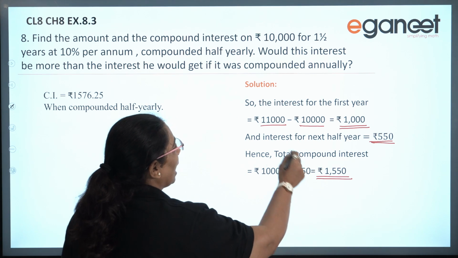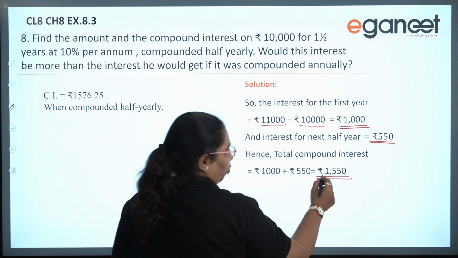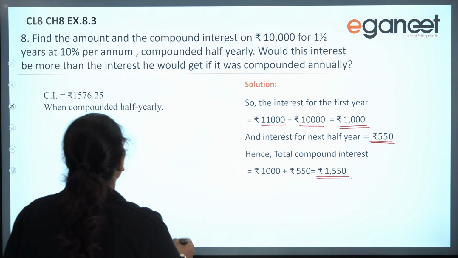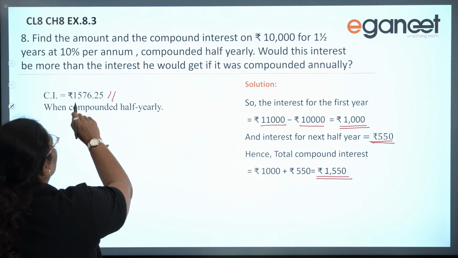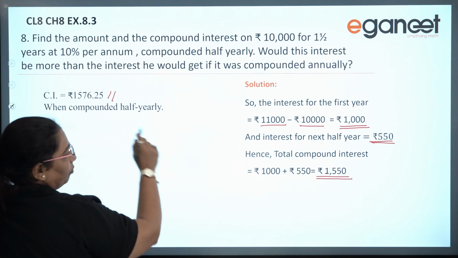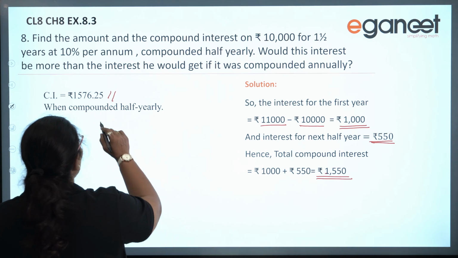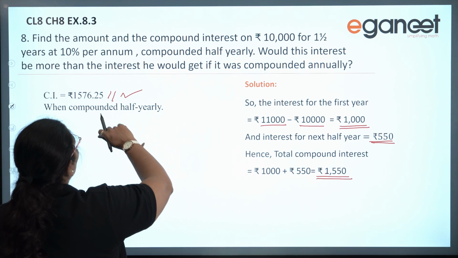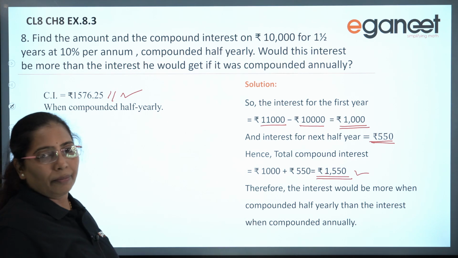So when compounded annually, the compound interest is equal to rupees 1,550. When compounded half yearly, we had seen that the compound interest is 1,576.25. Now from these two, we can see clearly that the compound interest when calculated half yearly is more than the compound interest when calculated annually.